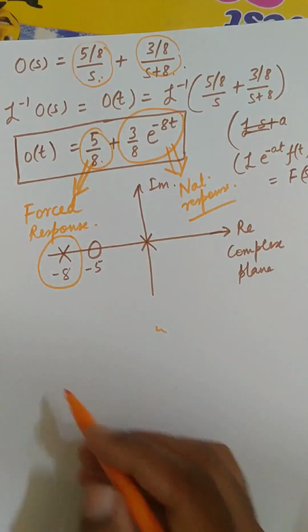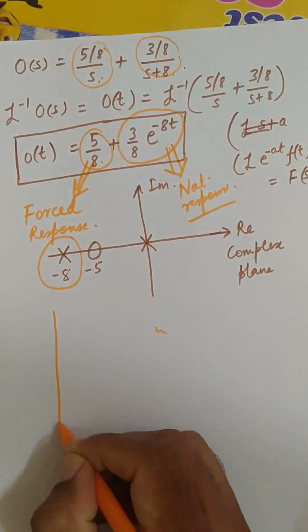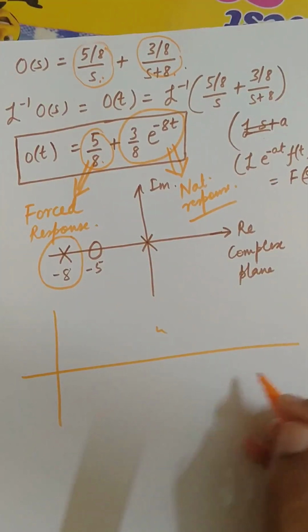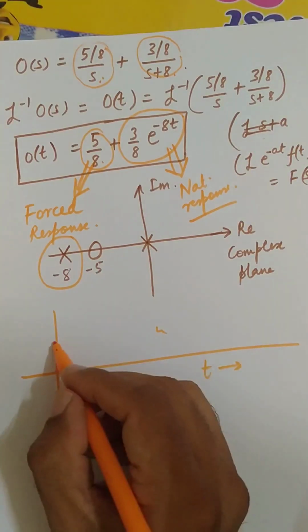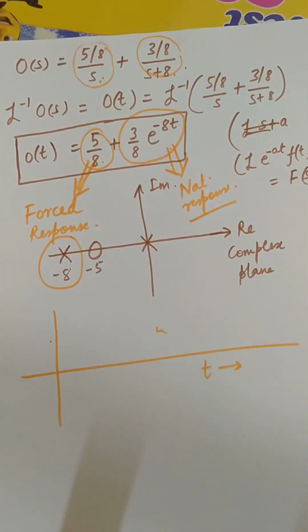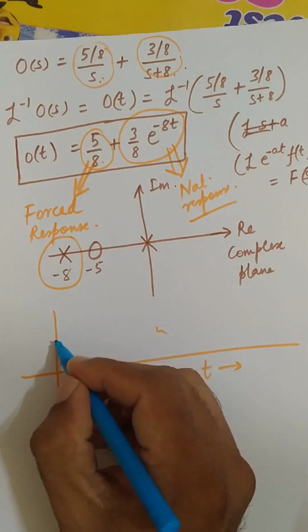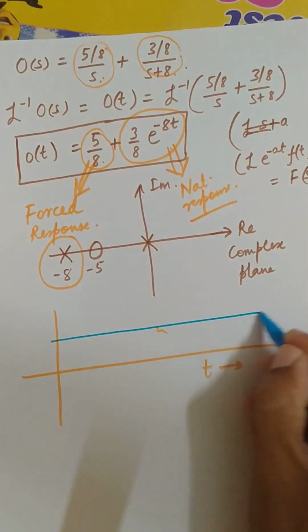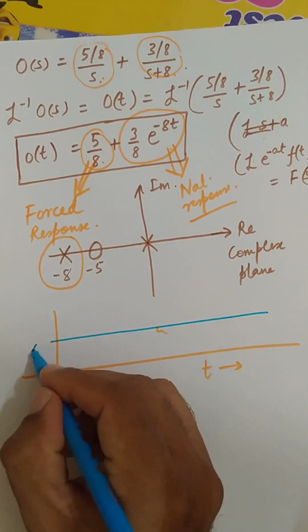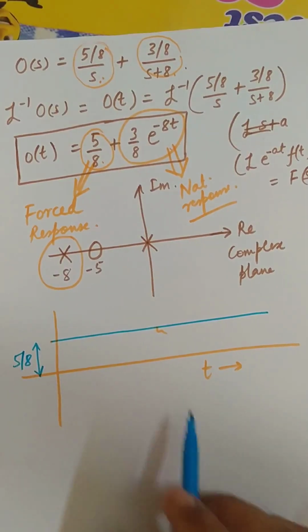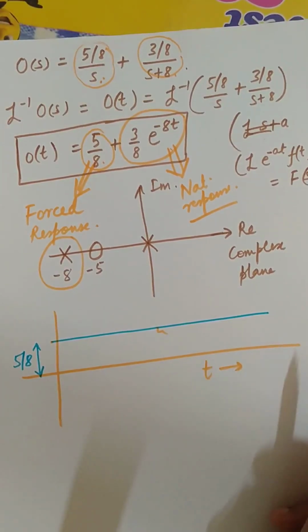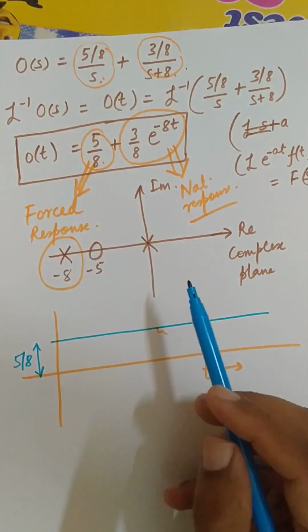So how would the forced response look like with time? Only the forced response with time t, it will be constant, right? It will be constant throughout. So this is 5 by 8, and this is how the forced response will look like from here.